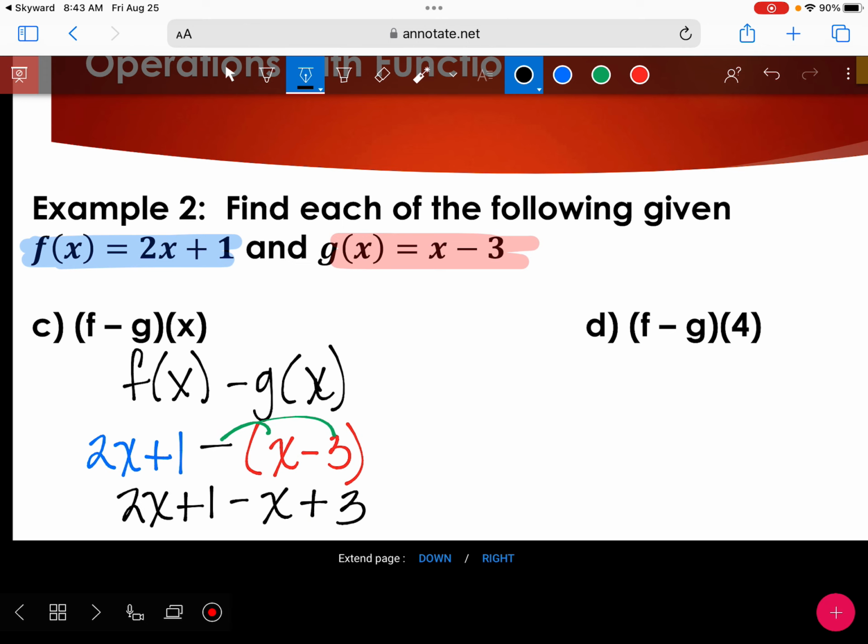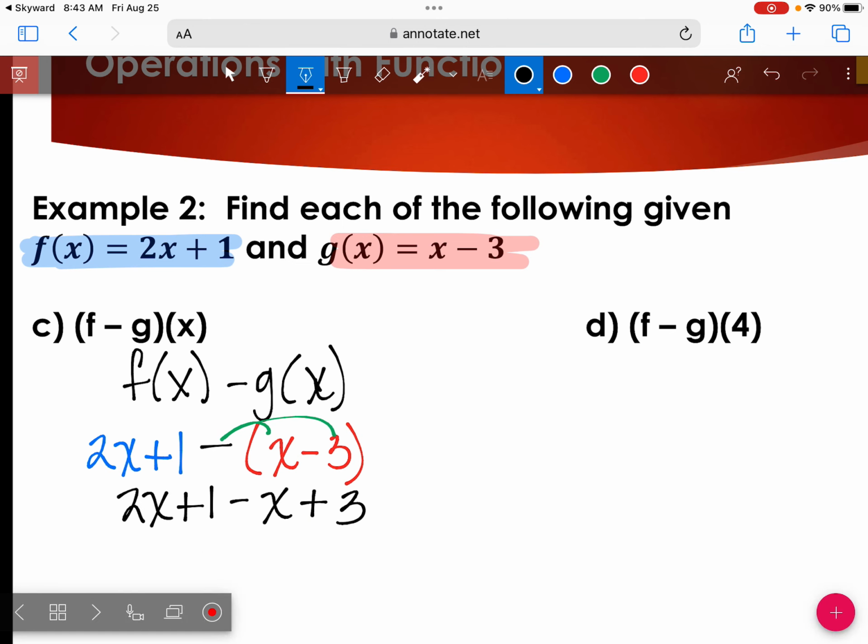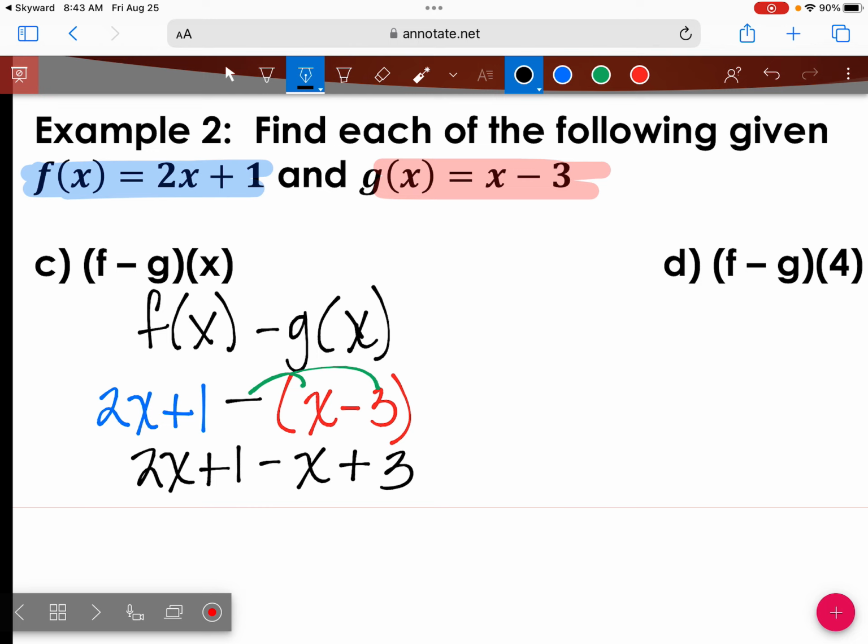Go ahead and combine your like terms. And that gives you x plus 4. All right, anybody else get x plus 4?